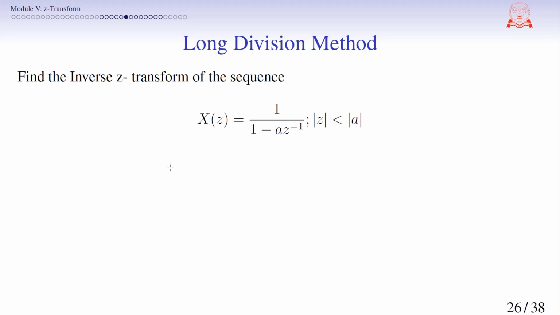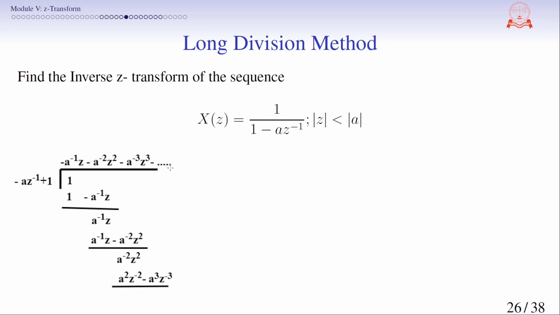And the second problem, find the inverse Z transform of the sequence X(z) equal to 1 divided by 1 minus a z raised to minus 1. Here mod z is less than a.